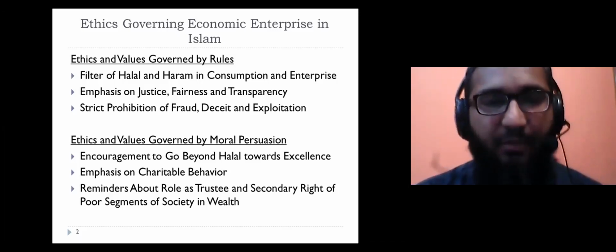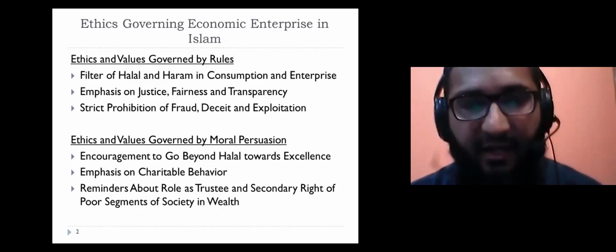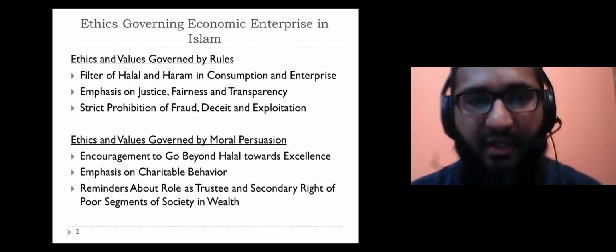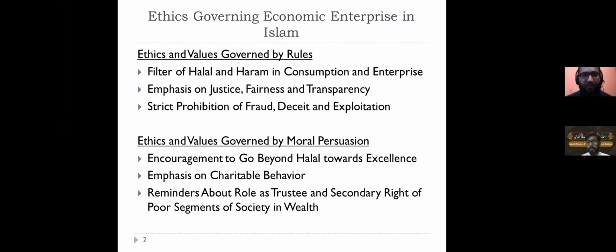And there is emphasis on charitable behavior. It's not just that we engage in economic activities and exhaust all our resources. The Islamic principles emphasize that if we have surplus resources, the best way is to use them for the needs of society. Yes, there is no compulsion that every surplus resource has to be spent on social needs, but the excellence is to do that.